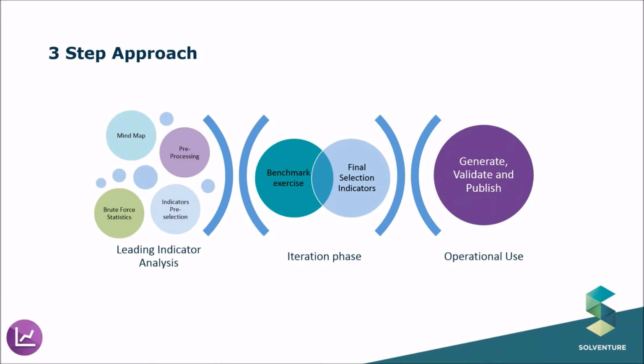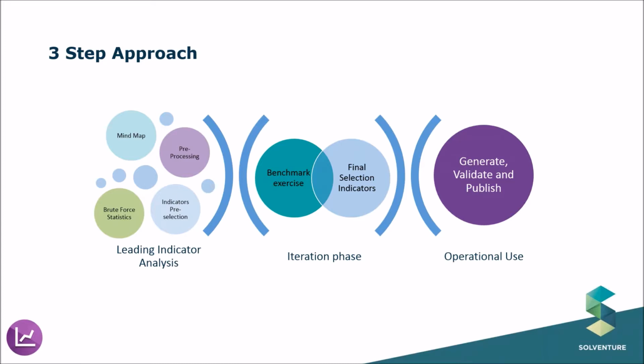And how do we typically tackle it? Well, we start with looking for the right indicators. How do we do that? We do a mind mapping session together with you to better understand what you expect are the drivers of the demand. Typically we see in the analysis that some of the expected indicators are confirmed, but some of the things which are expected are not really confirmed by statistics. So on the one hand, the analysis helps you to get a better understanding and separate the fat from the fact.